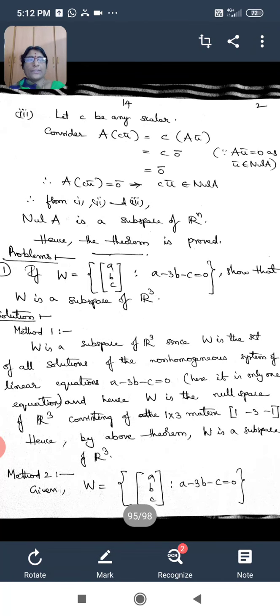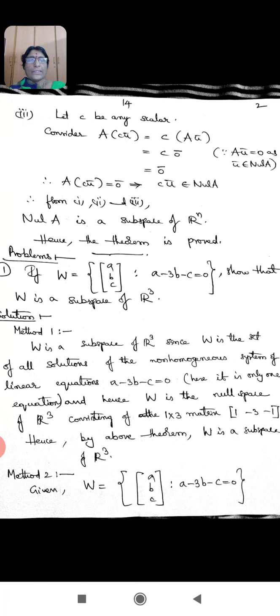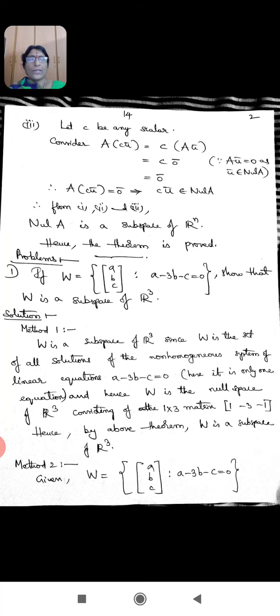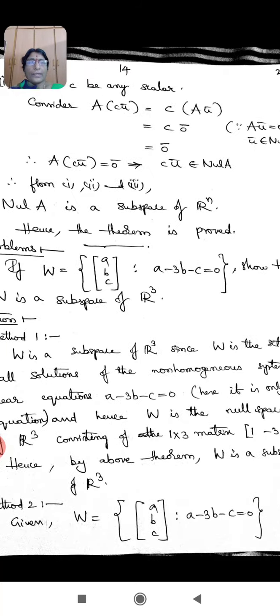But A minus 3B minus C is equal to 0 is a system of linear equations, and here the system consists of three variables, namely A, B, C. In the definition of W, we are given only a single equation A minus 3B minus C is equal to 0, and that single equation itself represents the system of homogeneous linear equations in A, B, C. Whatever the solutions of this system of equations, the set of all those solutions is the set W that is given to us in the problem.